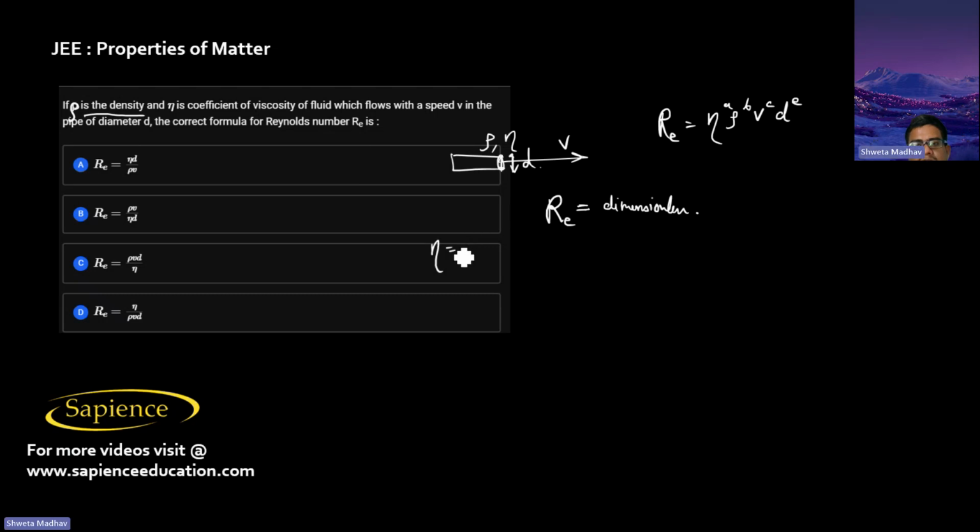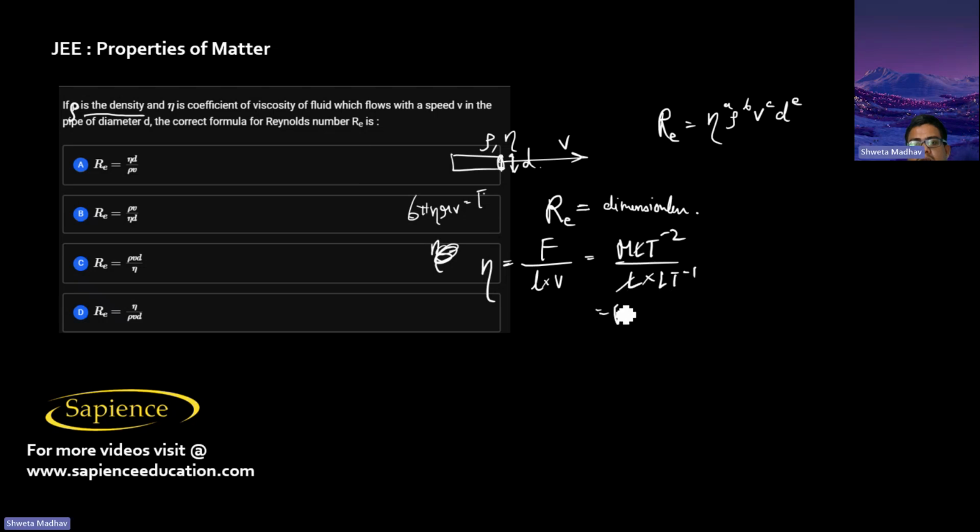Then the coefficient of viscosity eta: F equals 6 pi eta R v. So eta will be F by Rv, meaning force by length into velocity. That is MLT power minus 2 by L into LT power minus 1.